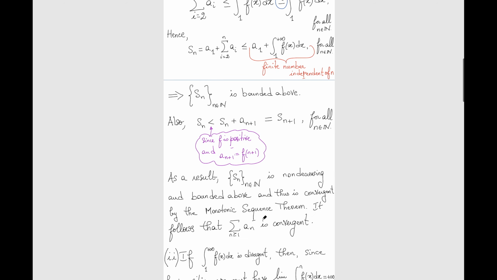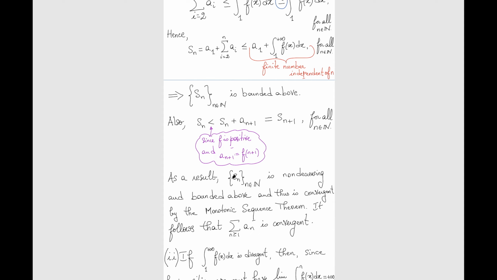Thus, by the monotonic sequence theorem that we talked about in the sequence section, that sequence is going to be a convergent one, correct? Non-decreasing and bounded above. Certainly, by the monotonic sequence theorem, it is going to be a convergent sequence.